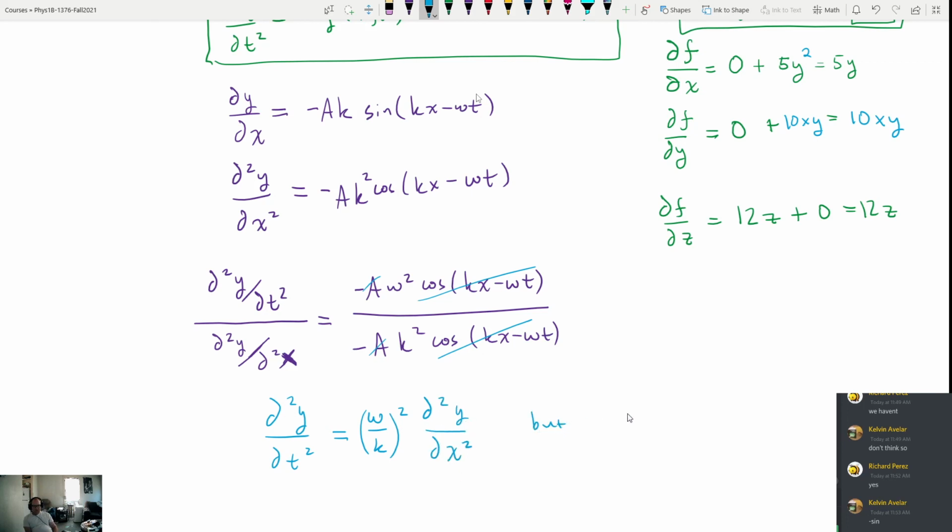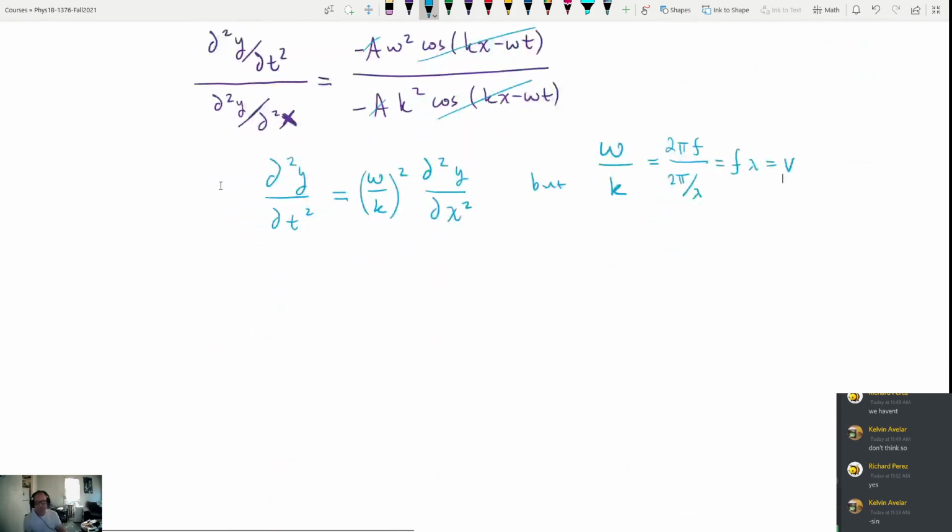But omega over k is actually equal to the velocity. You can see that pretty quickly because omega is equal to 2 pi times the frequency, and k is equal to 2 pi divided by the wavelength. So this is equal to f times lambda, which is equal to the velocity of the wave.